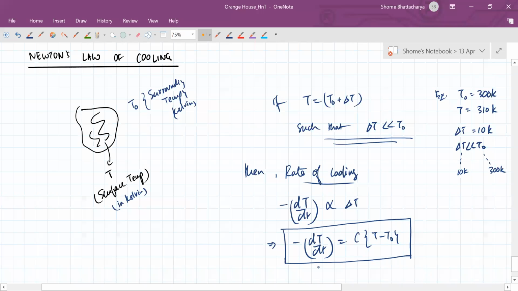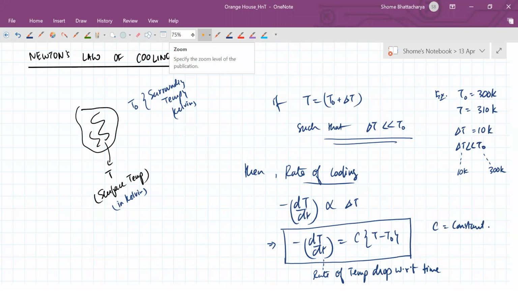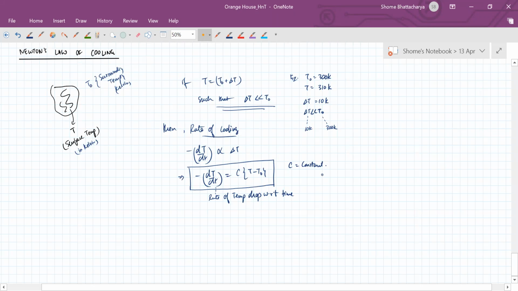This is the rate of temperature drop with respect to time, and C is a constant.